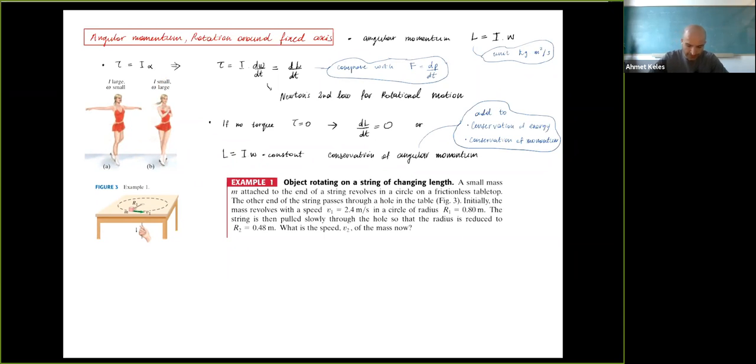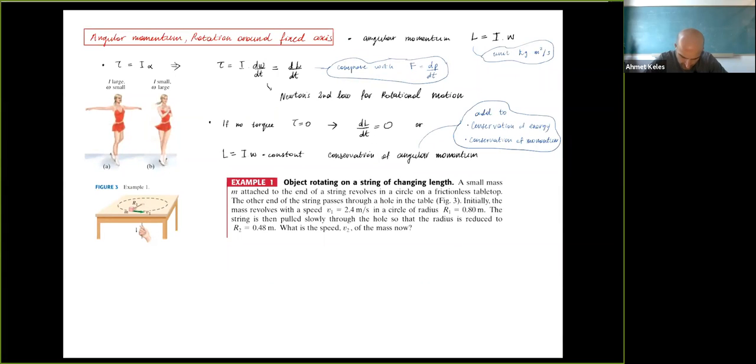Okay. Maybe we can do this practical example to test our understanding. Here is the example from the book. A small mass, m, attached to the end of a string revolves in a circle on a frictionless tabletop. The other end of the string passes through a hole in the table.